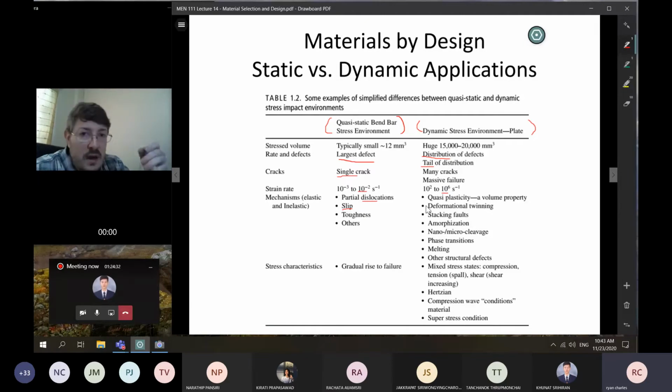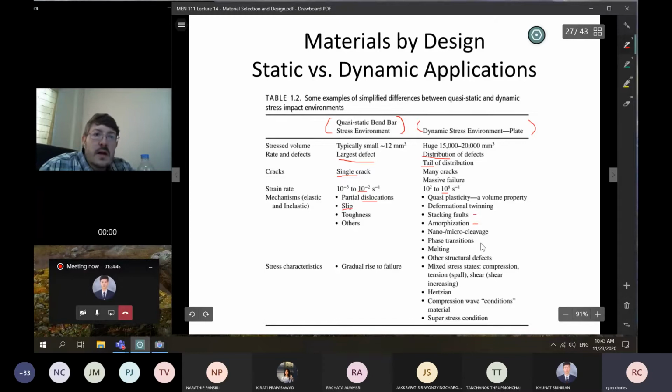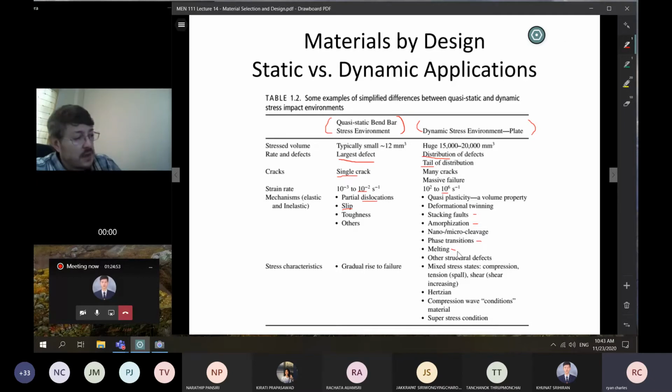All kinds of things I never talked about because it's not relevant to static applications. But you might start to create things like stacking faults and amorphization. You could have phase transformation. I mentioned that. Things can actually melt if you hit them fast enough.